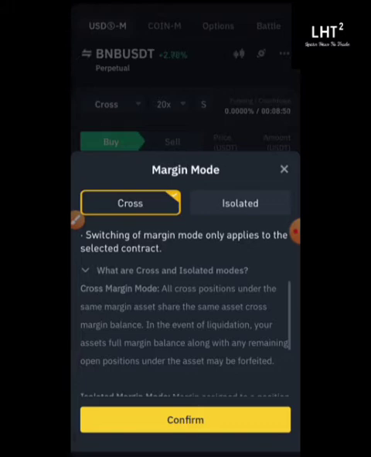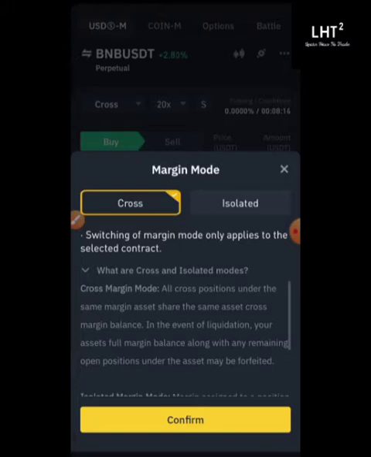For instance, if you transfer $50 to your futures account you use for trade, and then you place a trade and use just $20 out of your $50 to enter the trade, if the trade starts to go against you, instead of you losing just the $20 that you used to enter that particular futures trade, you're going to lose your $20, and then the trade will start to enter your remaining balance in your futures wallet, which is the remaining $30.